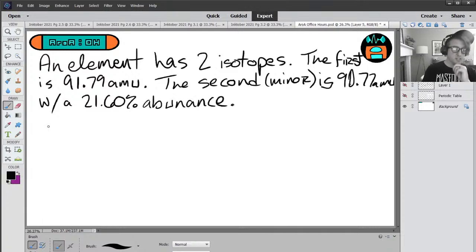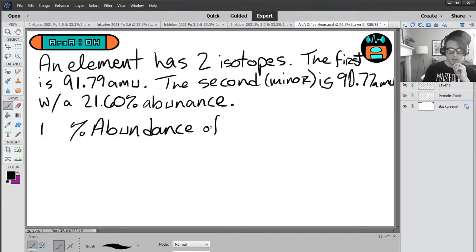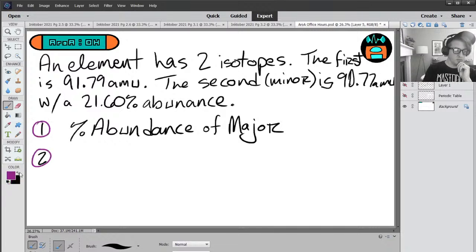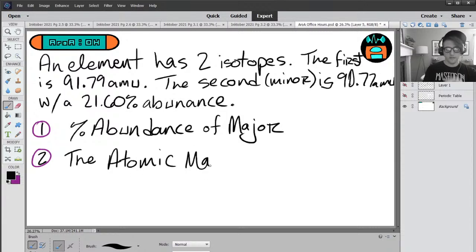All right, we've got to find two things. First, the percent abundance of the major isotope, and two, the atomic mass of the element.